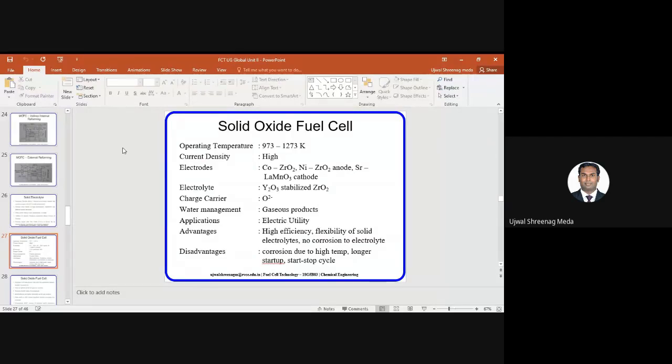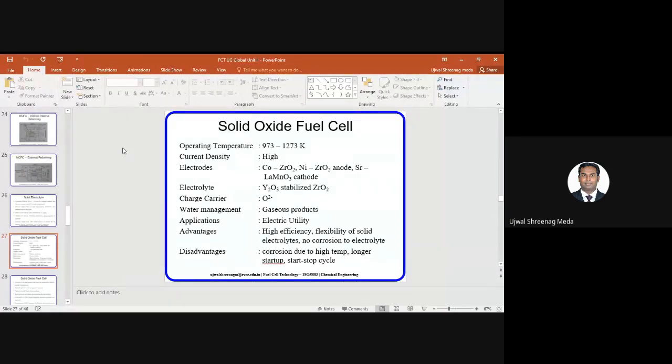Coming to the applications, because of this high temperature and longer startup and start stop cycles, it is best suited for continuous power generation, usually grid power generation. So large quantity power generation is the main application of SOFC.